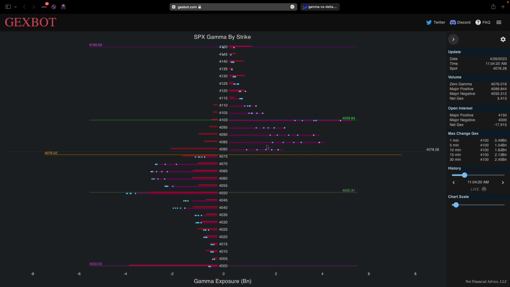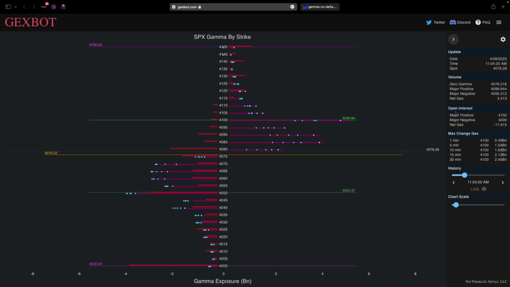But then it seems very, very difficult to get above and over, right? So it's almost like there's an easy ramp up, but then it's harder to get over that peak, the gamma peak, so to speak. In any case, that's probably a pretty decent way to at least start thinking about how these strikes affect the movement of spot.